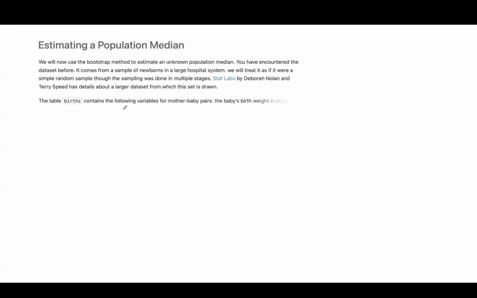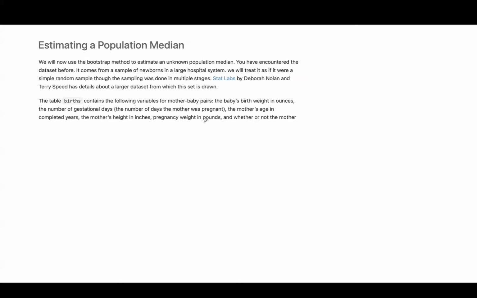In this table, we have the variables for mother-baby pairs: the birth weight of the baby and the number of days the mother was pregnant, the mother's age, the mother's height, pregnancy weight, and whether or not the mother was a smoker during pregnancy.